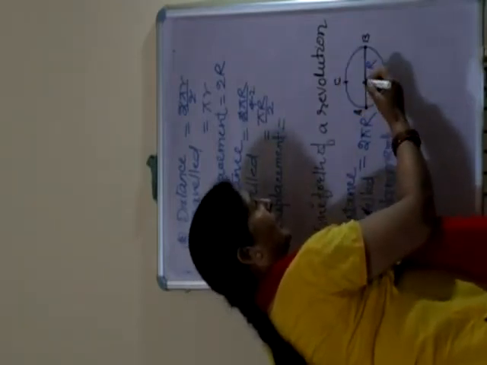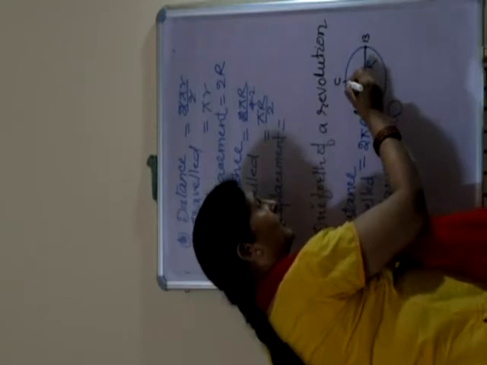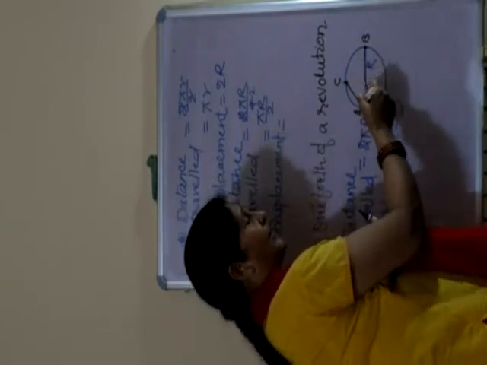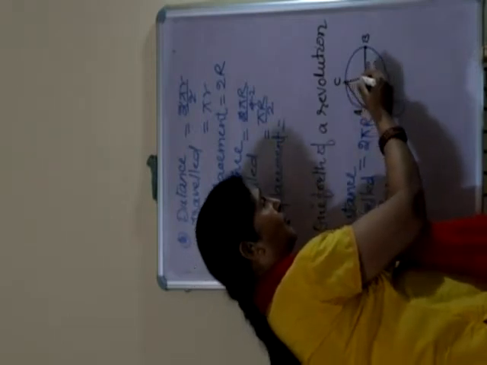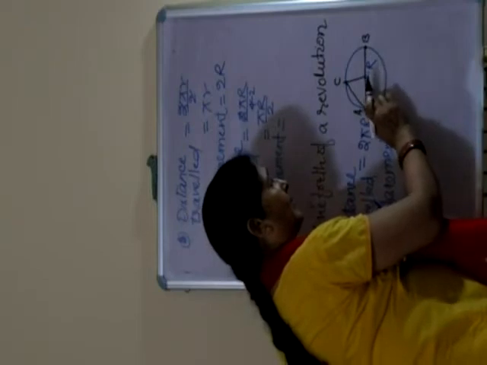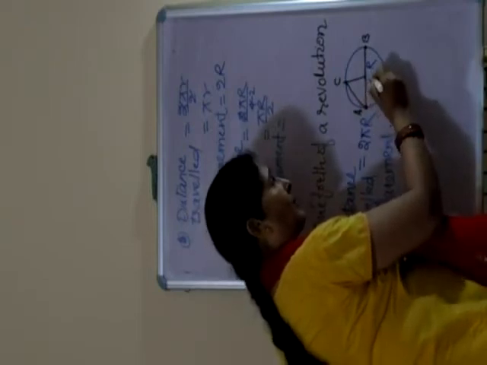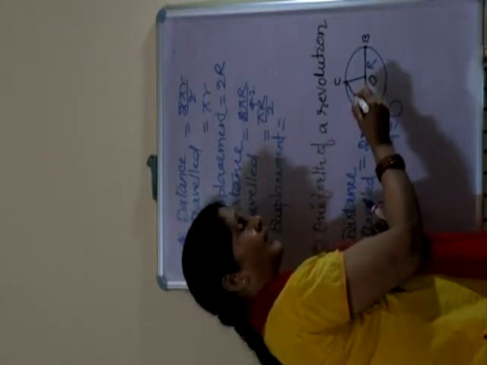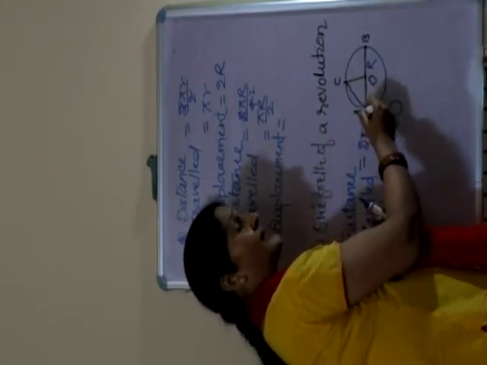and the shortest distance will be this AC, and to find out AC you have to join like this. This is O, the center of the circle. We have a right angle triangle, and to find out AC we have to use Pythagoras theorem.